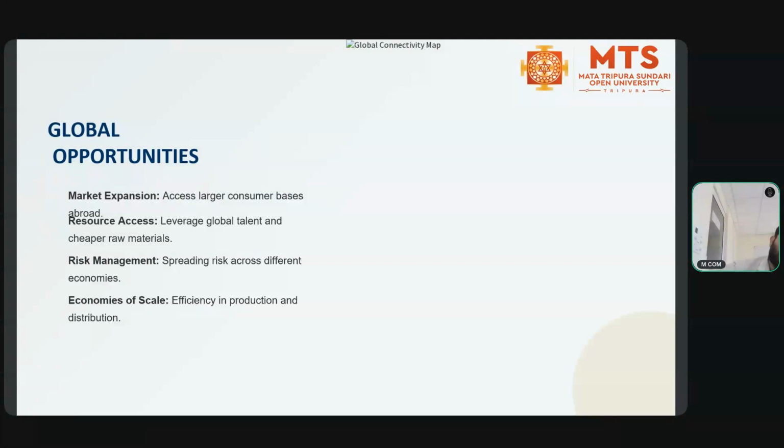Economies of scale emphasize that you would get efficiency in production and distribution. Firstly, talk about market expansion. Access a large consumer base abroad. Like in India, we have a population of 144 billion, which is a huge number.